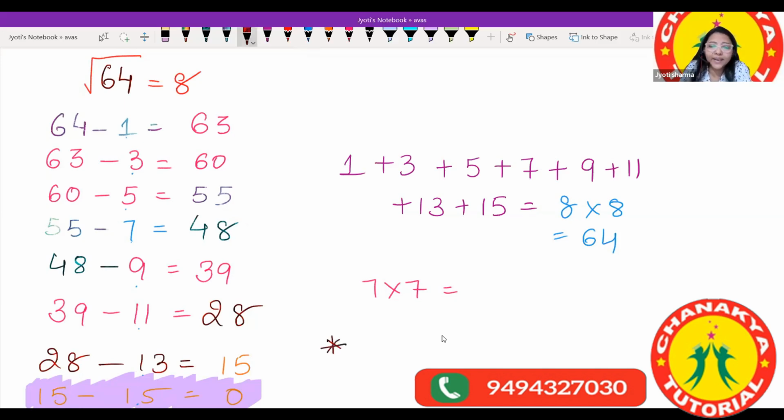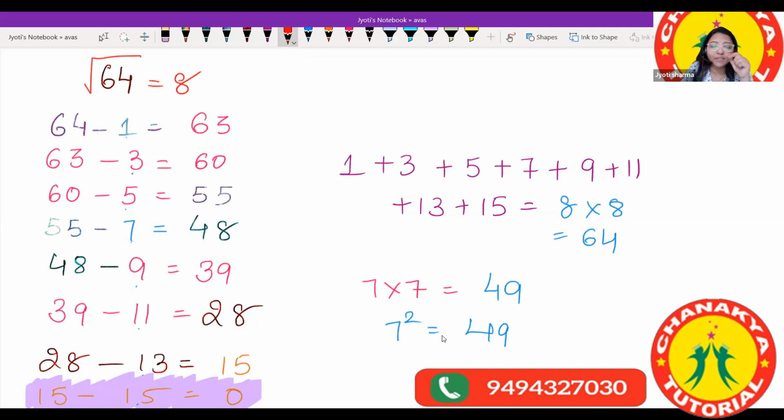Yes, Lasya. 49. Great. So Lasya, you know that if you multiply 7 into 7, you get 49. That means 7 squared is 49. But how do you know which number you will multiply by itself to get a given number?